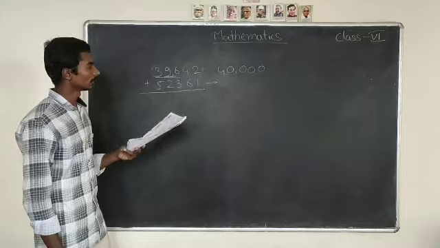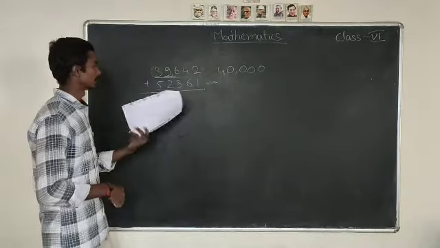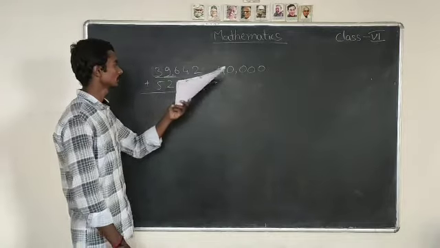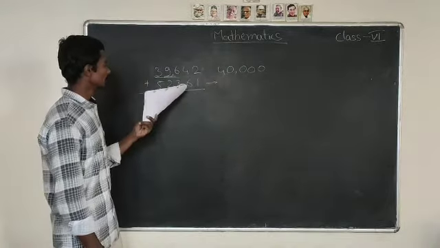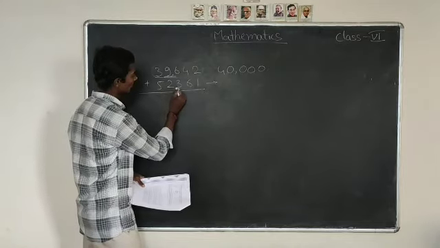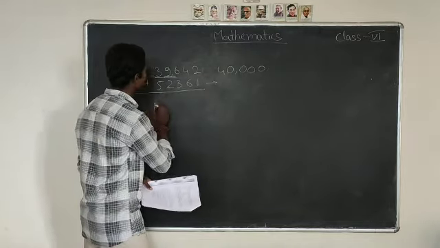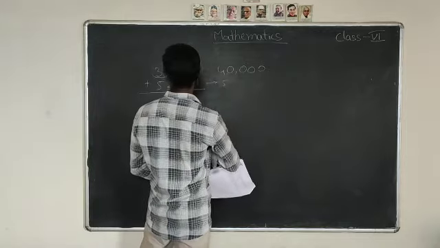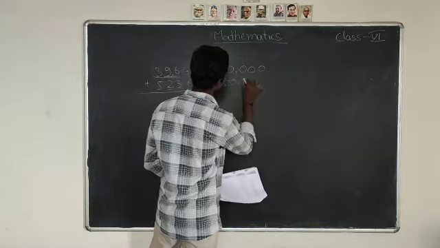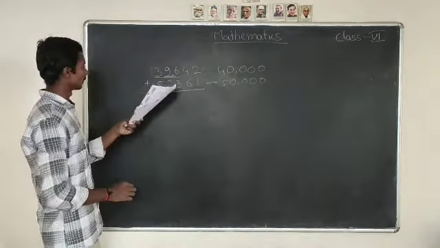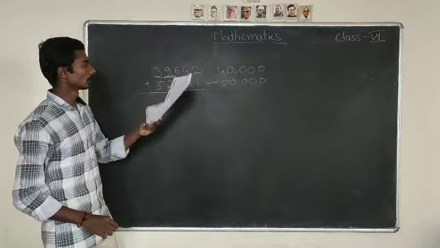So what will I do? I will go to the next number, I will take the approximate value to the next number, that is 40,000. In this case, it is 52,361. So I can approximate this to 50,000. Because this number is closer to 50,000 and this number is closer to 40,000.